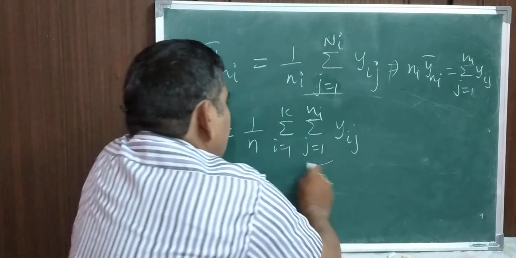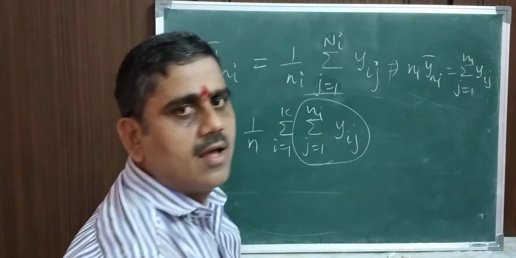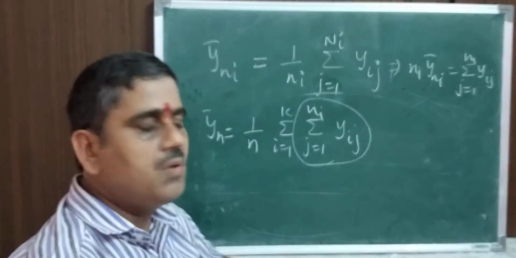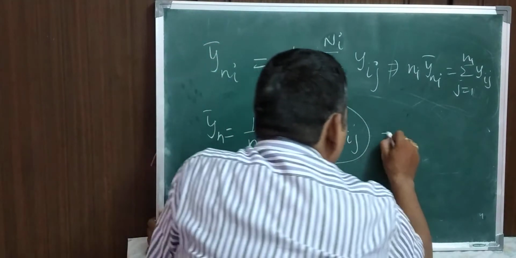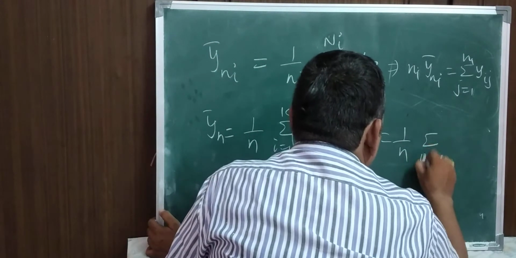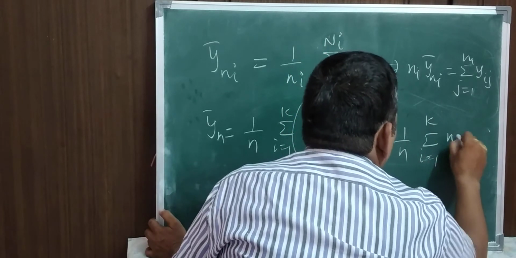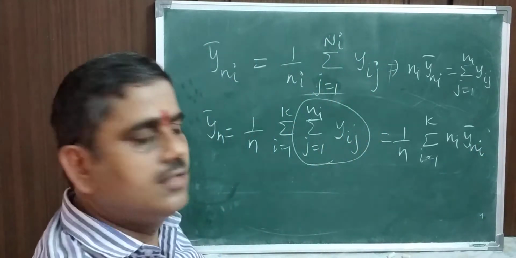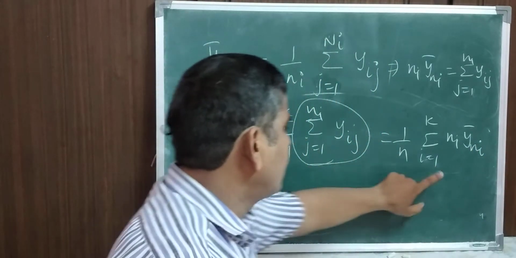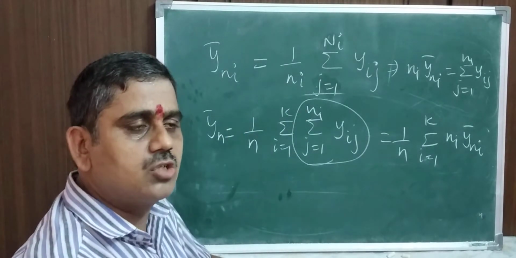Therefore, this also can be written as 1 by n summation i is equal to 1 to k ni into y bar ni. This is another formula: first formula, second formula. I will give you another formula. It is known as estimates.